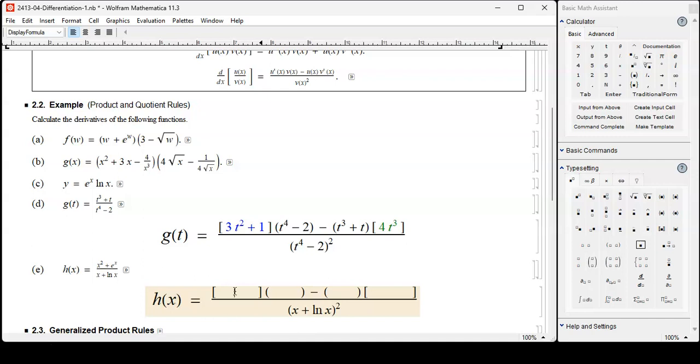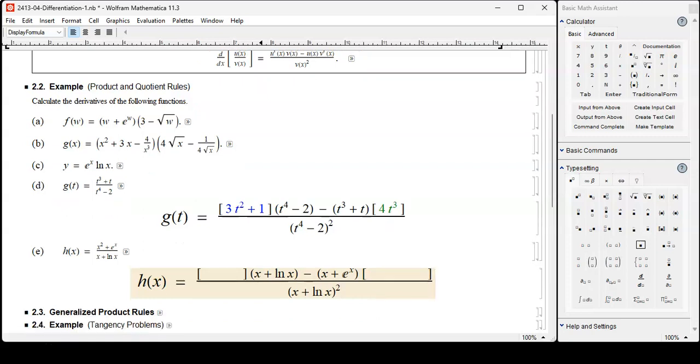So u prime, that's the numerator. And the denominator here, well, let's see. Copy and paste. And the numerator here, copy and paste. And then the derivative of the denominator here. So this is just copy and pasting, so it doesn't require any kind of calculus, just a structure.